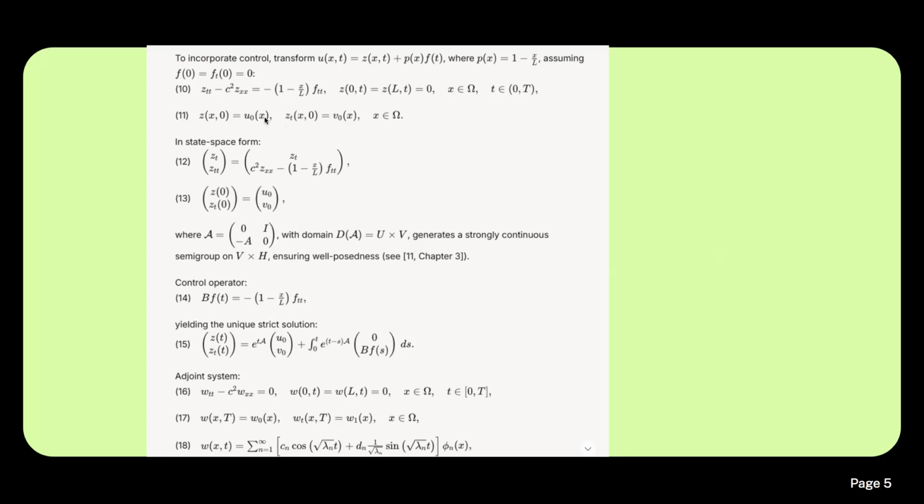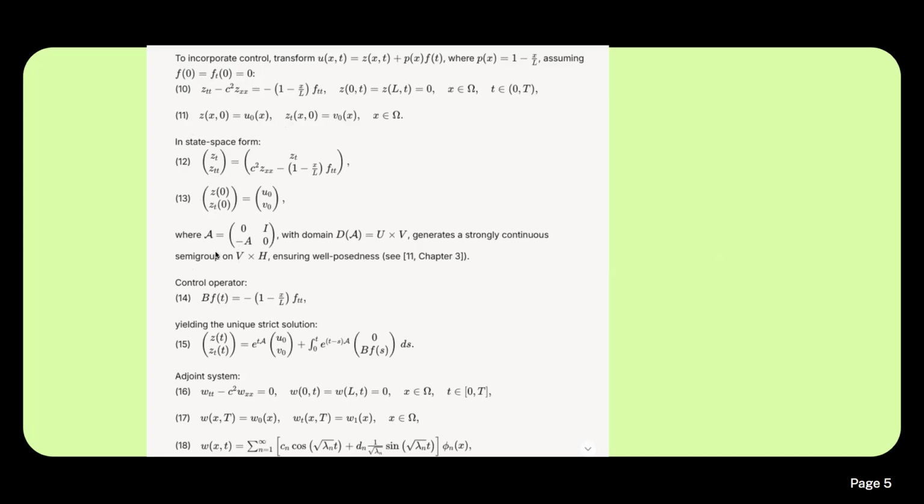So the solution of (10),(11) is the same as the solution of (1)-(4). Then we establish another system, which is (12),(13). This system is also the same as (10),(11).